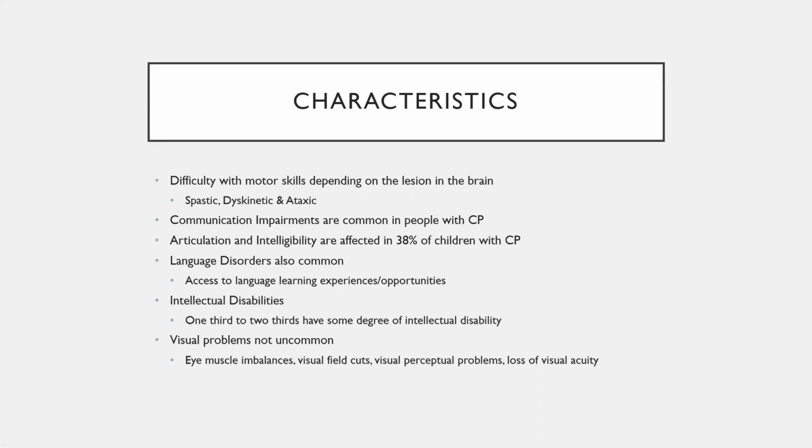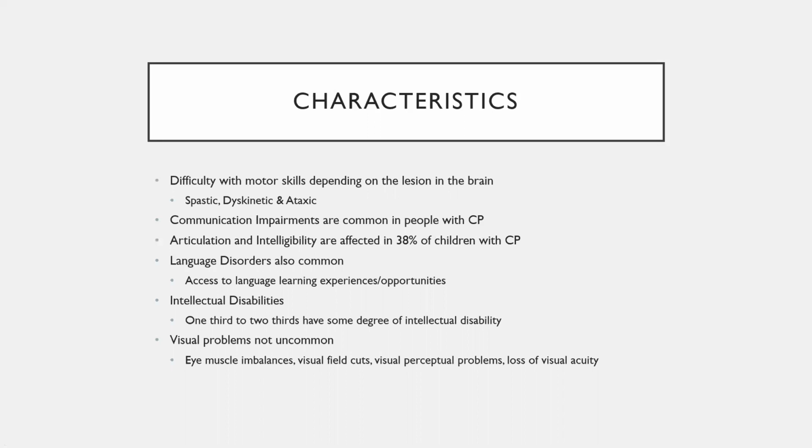We also see intellectual disabilities in 1/3 to 2/3 of children that have CP. And visual problems, as we mentioned before, are not uncommon. So we might see eye muscle imbalances or visual field cuts, visual perceptual problems, or loss of visual acuity.